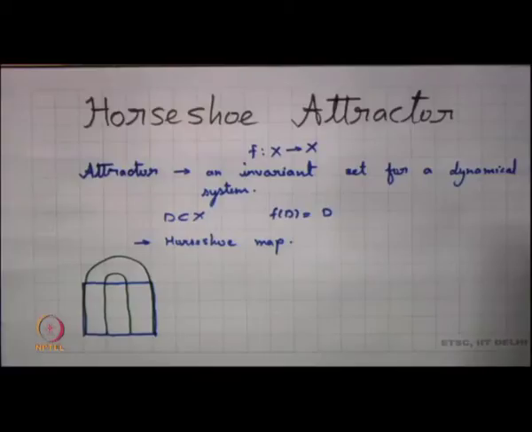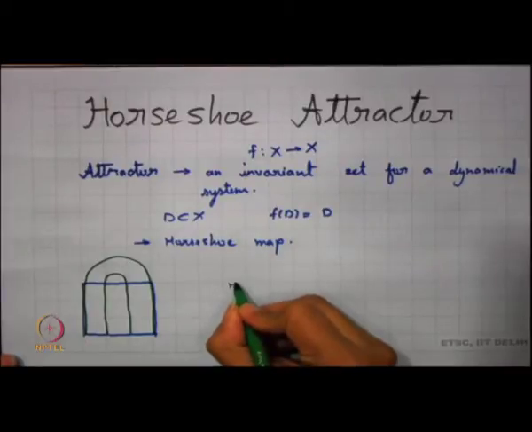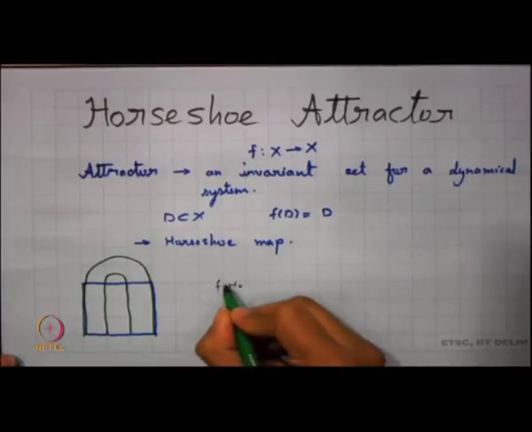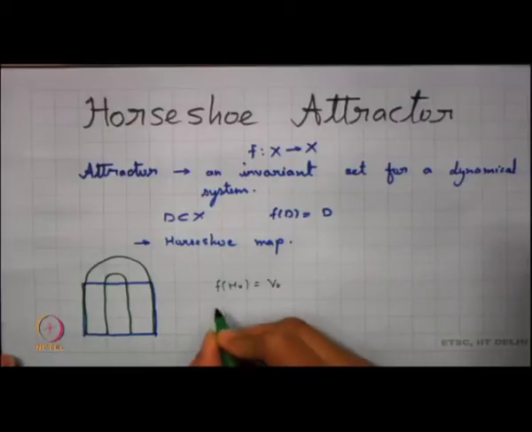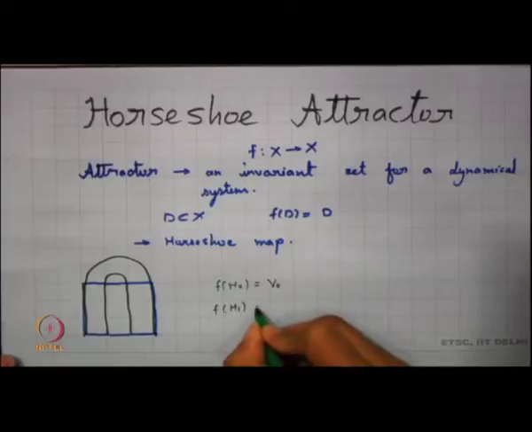And what happens in this phase is that you have horizontal rectangles H0, which is mapped by the function f to V0, and you have horizontal rectangle H1 which is mapped to vertical rectangle V1.